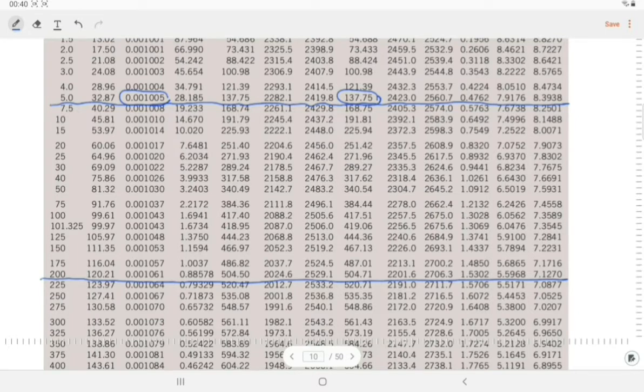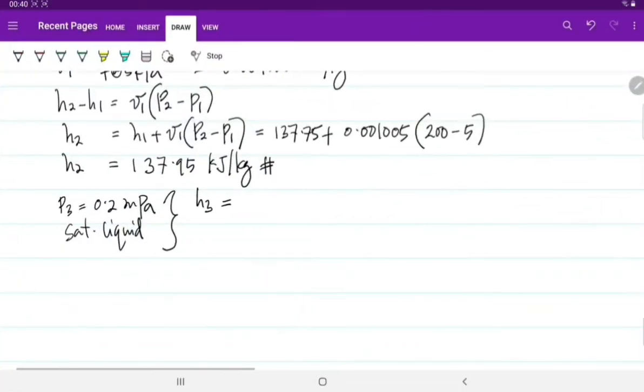Enthalpy should be HF, which is 504.71. So the enthalpy at 3 is 504.71 kilojoules per kilogram.